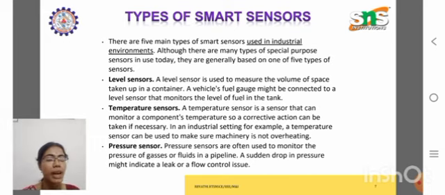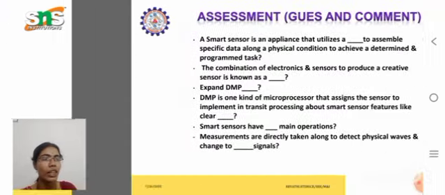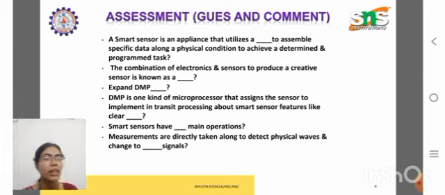Coming to the next point, it is a pressure sensor. Pressure sensors are often used to monitor the pressure of gases or liquid in a pipeline. A sudden drop in pressure might indicate a leak or a flow control issue. These are the main types of sensors. Continuity of the types of sensors.